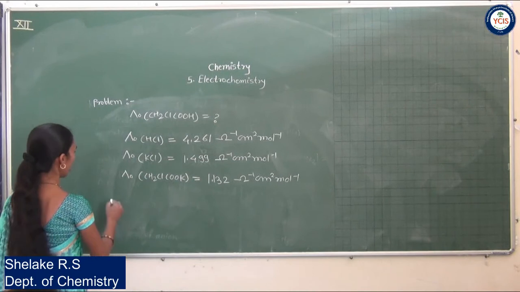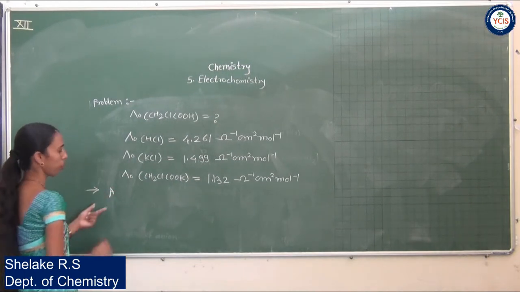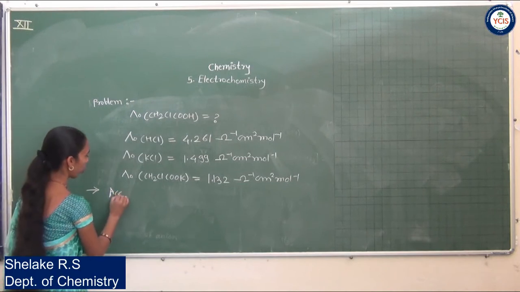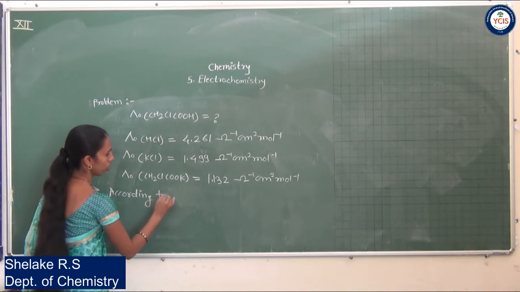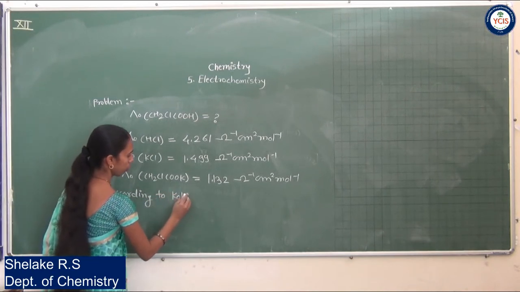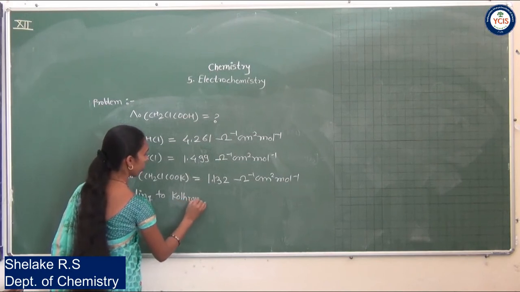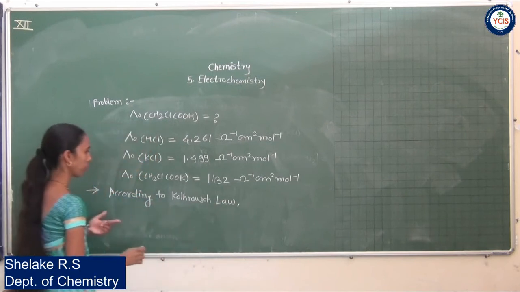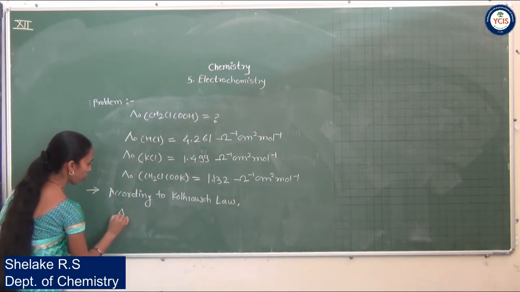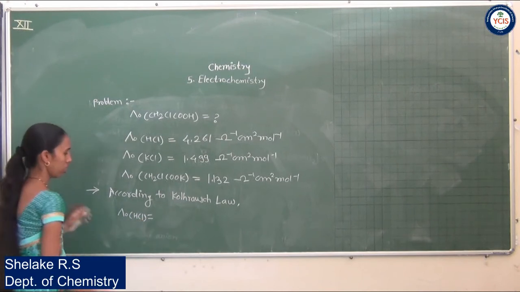Okay, so see here, how can we solve this problem? According to Kohlrausch law, for lambda 0 of HCl, how can we write it?